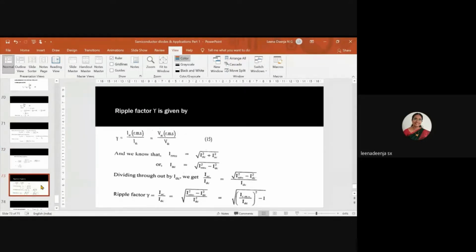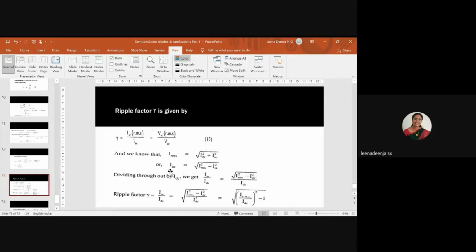Ripple factor gamma is IAC, the RMS value of AC, divided by the DC current. IRMS is root of I square DC plus I square AC. If we square both sides, we get I square RMS equal to I square DC plus I square AC.